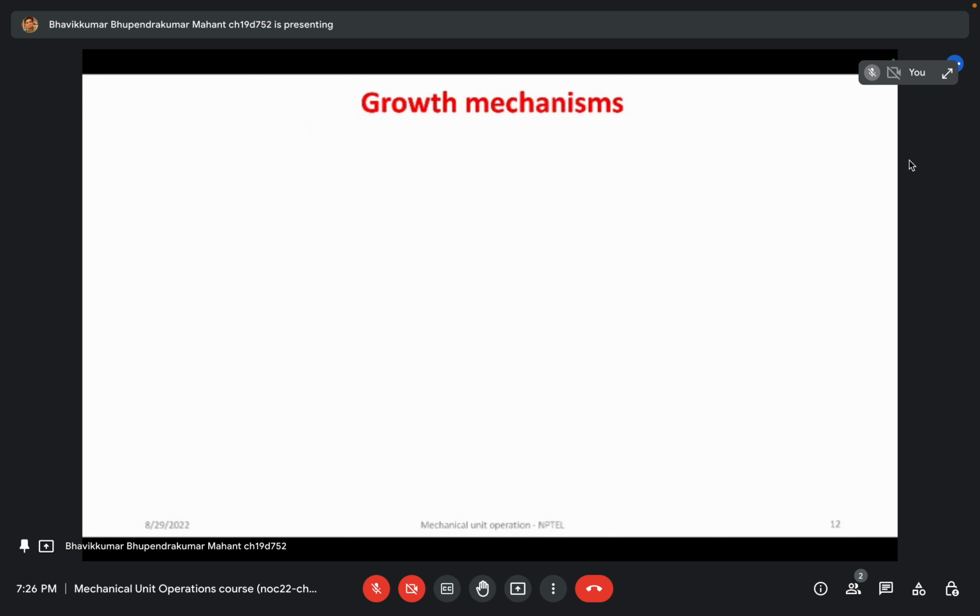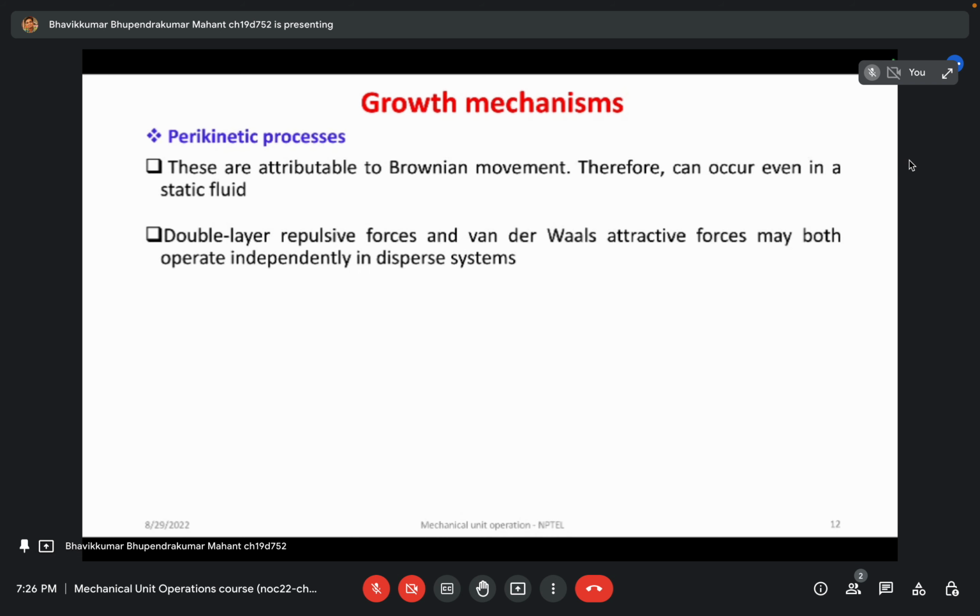Now there are some questions in our assignment on the basis of growth mechanism. Basically, there are two different growth mechanisms when we bring different fine particles together. One is the perikinetic process. So what is a perikinetic process?